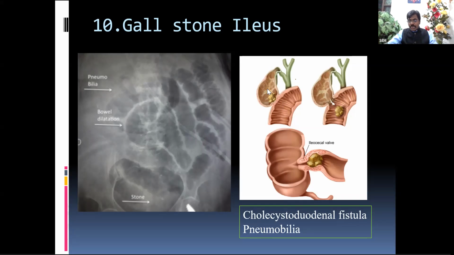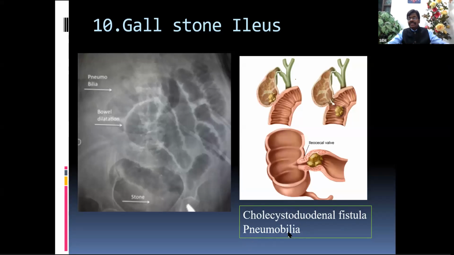When the gallstone escapes this way, normally you have gas in the small intestine, isn't it? It will go this way. In other words, I always tell my students, the stone comes this way and the gas goes the opposite way. So the gas goes and fills the whole gallbladder and biliary tree. That causes a classical radiological condition called pneumobilia.